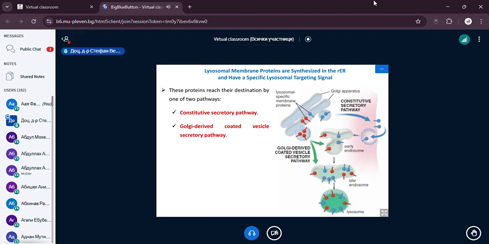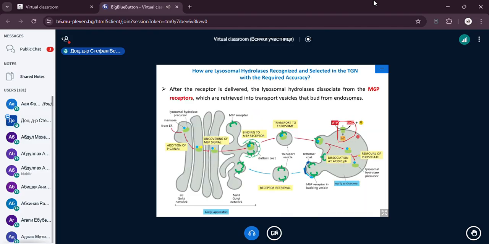It is around 5, and at this pH, around 5, lysosomal enzymes tend to dissociate from the receptor and become free here, and then additionally the acidic conditions activate them, and now this structure is called a secondary lysosome.